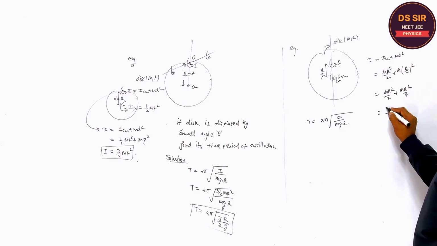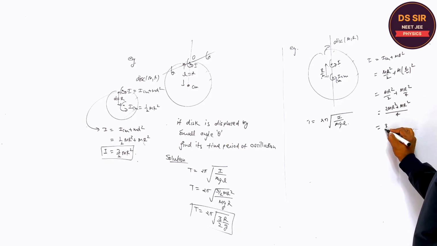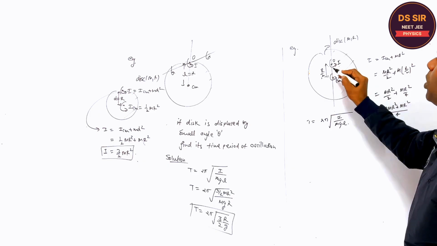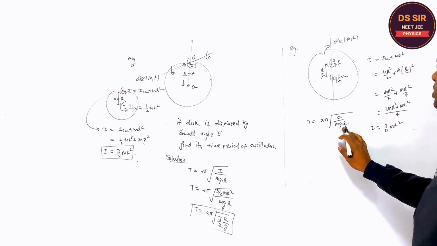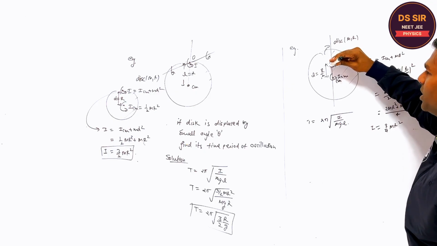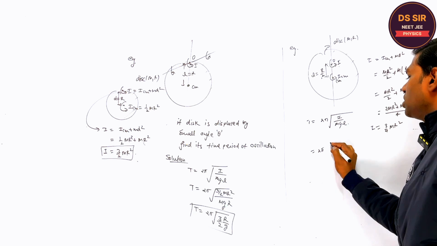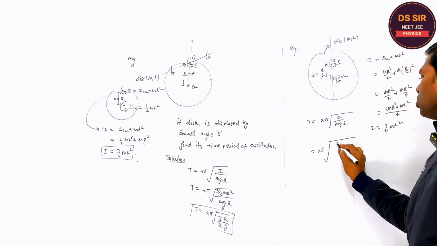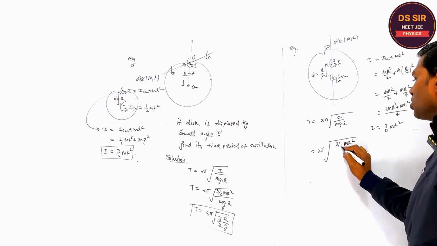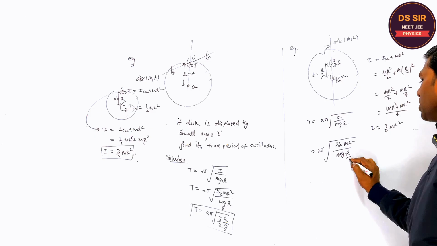Taking 4 as LCM, 2 mr square plus mr square is equal to 3 by 4 mr square, the moment of inertia about the point of suspension. And what is L? L is the distance between the point of suspension axis and the center of mass axis. So now you may write T is equal to 2 pi root 3 by 4 mr square upon mg into r by 2.